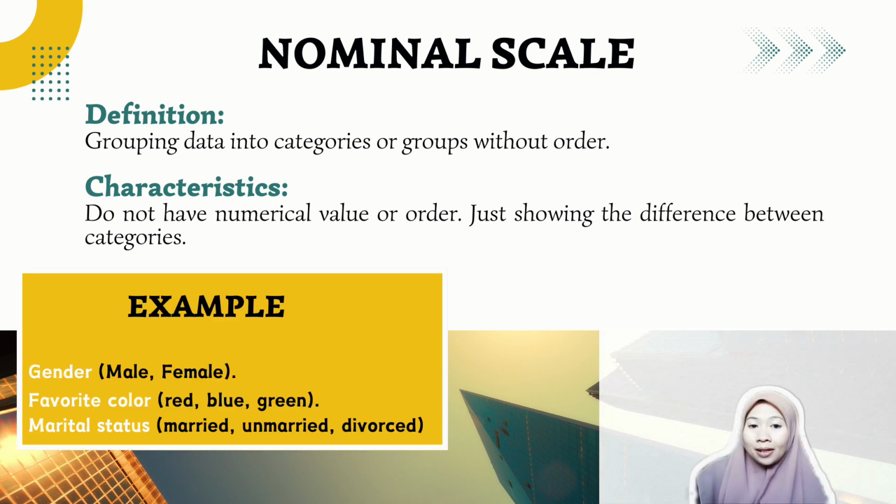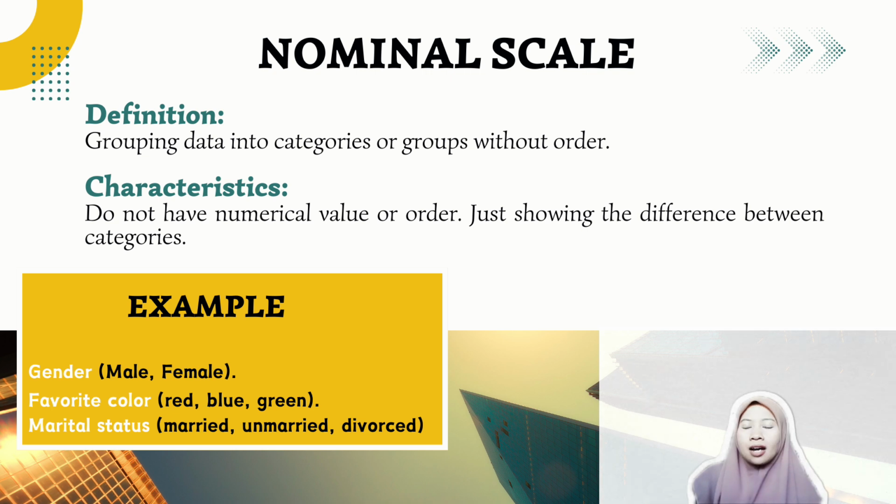For example, if we were conducting a survey and asked about gender, we might get a response of male or female. In this case, we are simply classifying individuals into two groups, but we cannot say that one group is greater or less than the other.